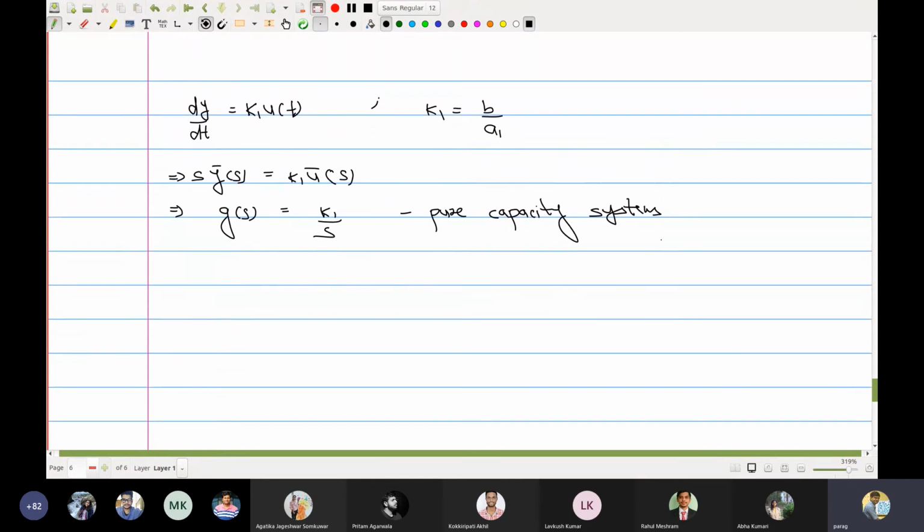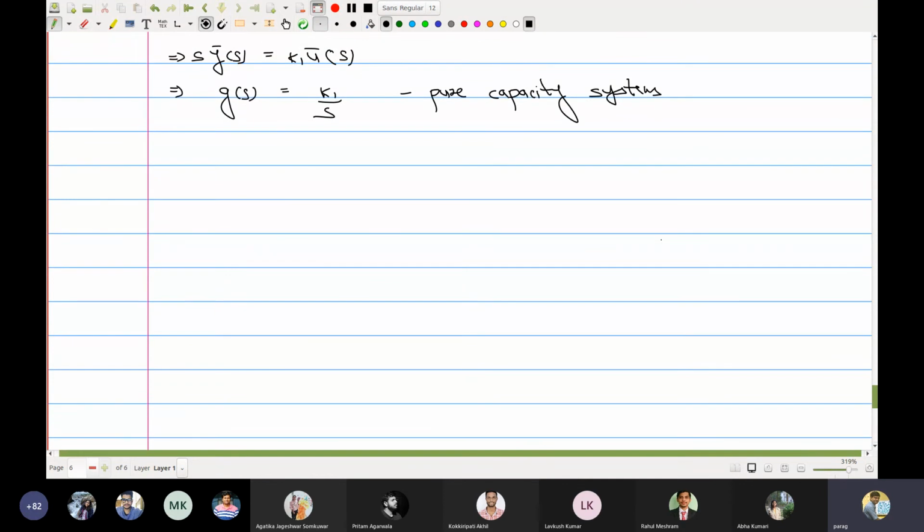Now for a step input, we have u bar of s equals A upon s, which means y bar of s is equal to A k1 by s squared.